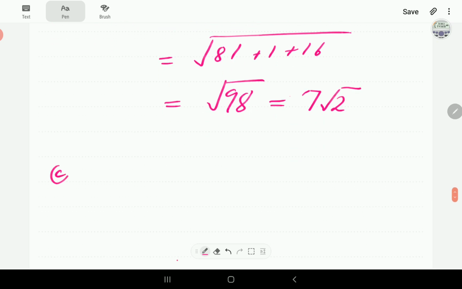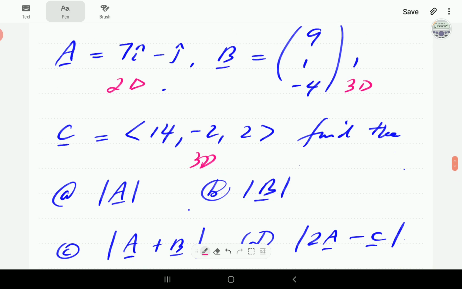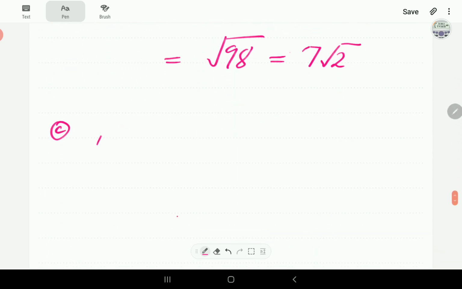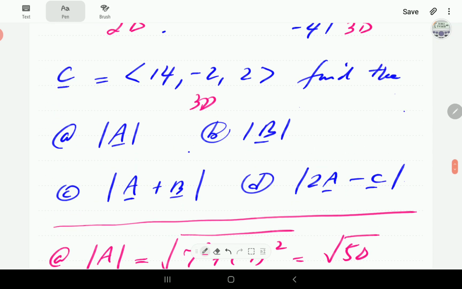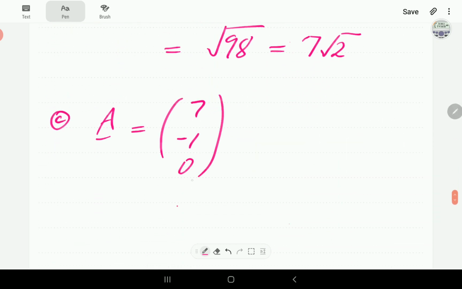Then for C, we have got the magnitude of A plus B. First of all, I'm going to work out A plus B, and I'm going to write both of them as column vectors. So A is 7, negative 1. Notice that as a column vector, we can write it as 7, negative 1, 0.